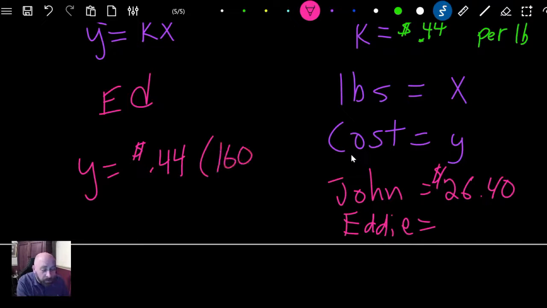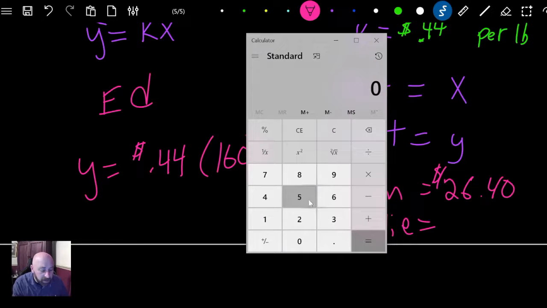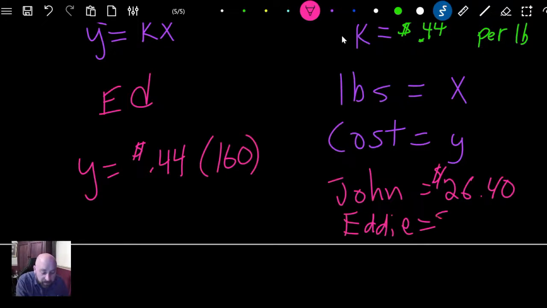He bought 160, so we'll go back to our calculator and plug that in. 0.44, that's what it costs per pound, times he bought 160 pounds. Ed paid $70.40.